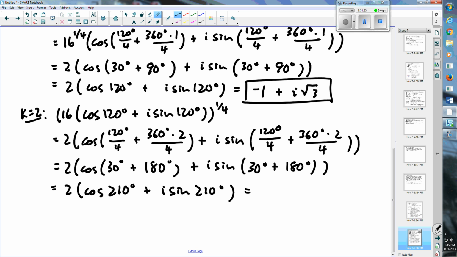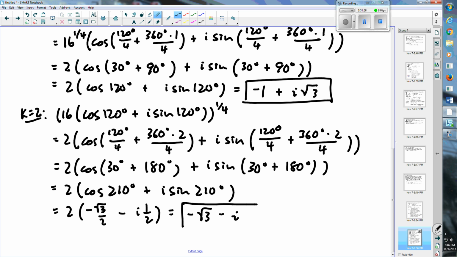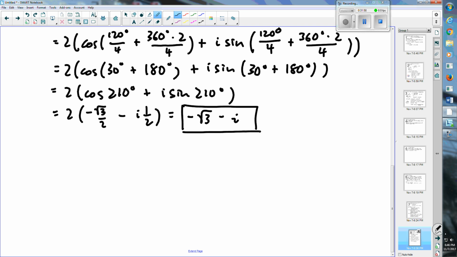The cosine of 210 is negative root 3 over 2, minus i times the sine of 210, which is 1/2, so this equals negative root 3 minus i. So there's another answer.